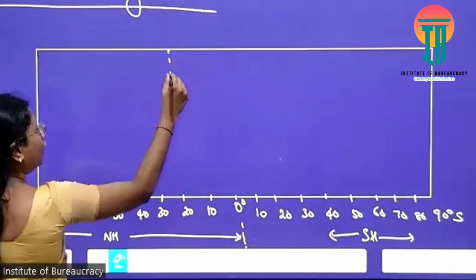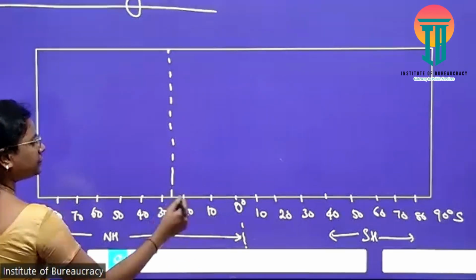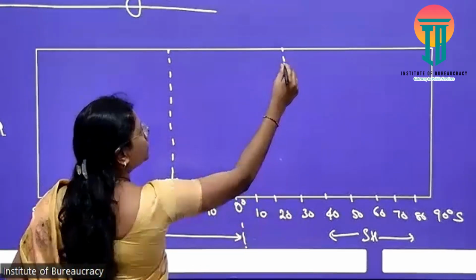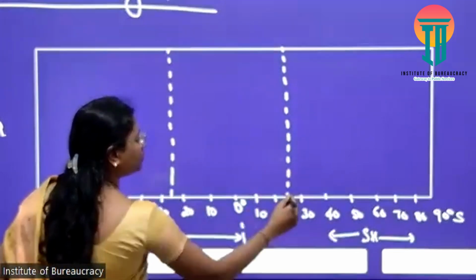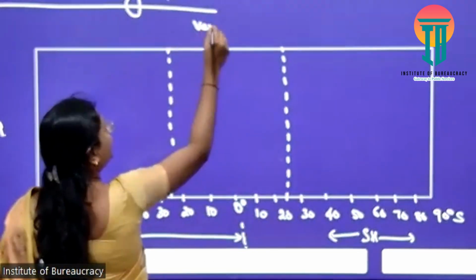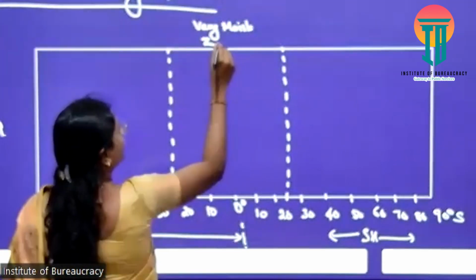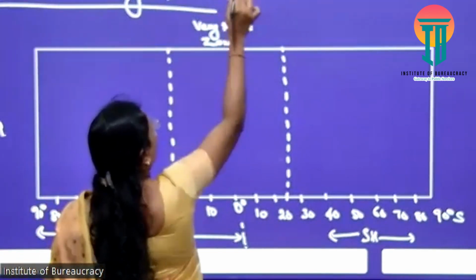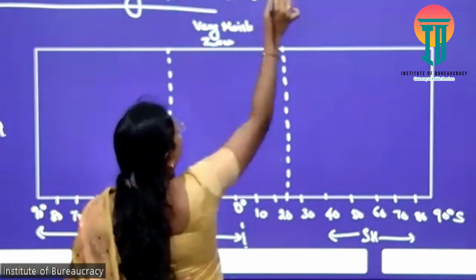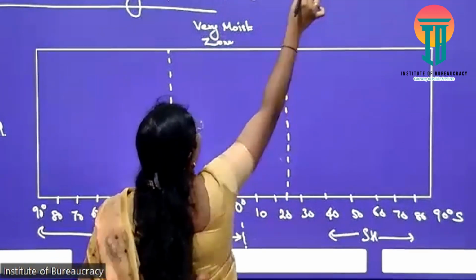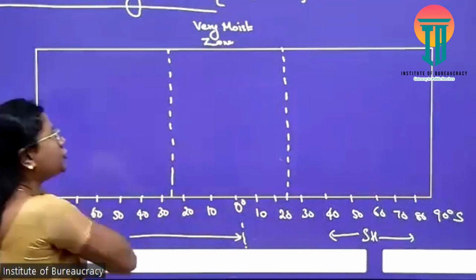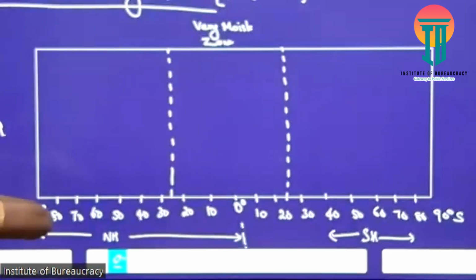This is your tropical zone. This is the very moist zone, and the temperature is hot and humid. The temperature of the equatorial and tropical region is hot and humid, so it experiences the moist zone.